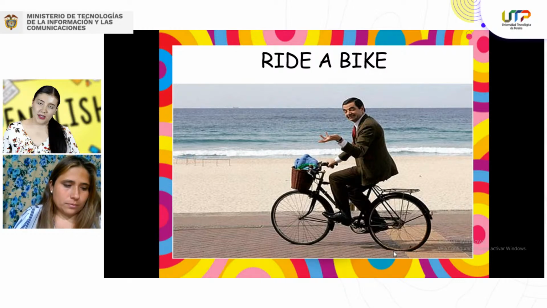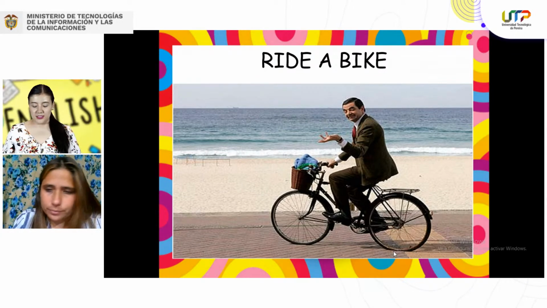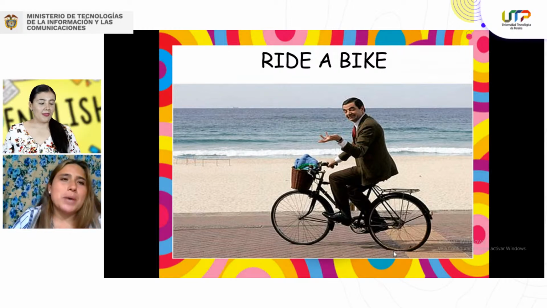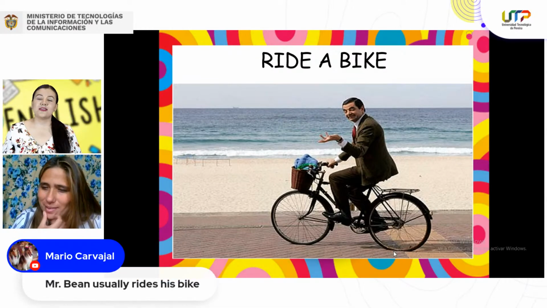Ok, tenemos la oración. ¿Quién la puede hacer allí? Mr. Bean y ride a bike. Do we have any comment, teacher, in this moment or not yet? Yes, Maria Carvajal says, Mr. Bean usually rides his bike. Oh, wow, Mario, right, correct.